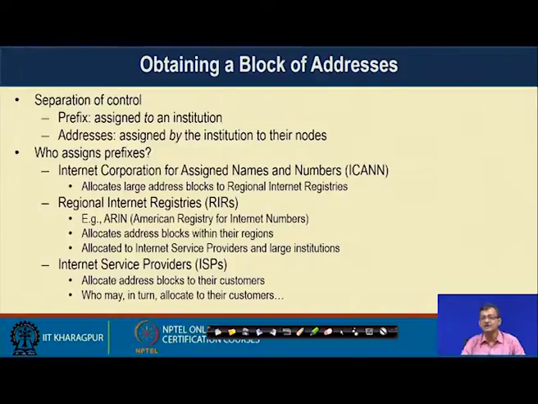They allocate address blocks to their regions and to internet service providers, and ISPs allocate address blocks to their customers, who may in turn allocate them further, and so on.